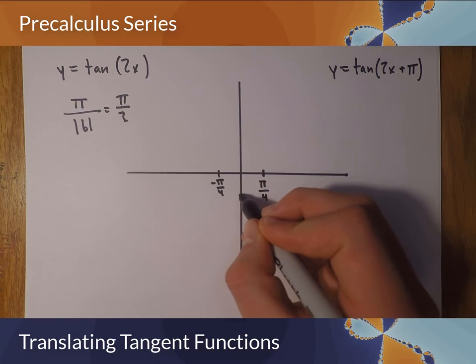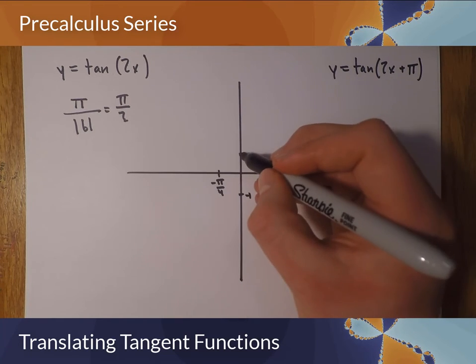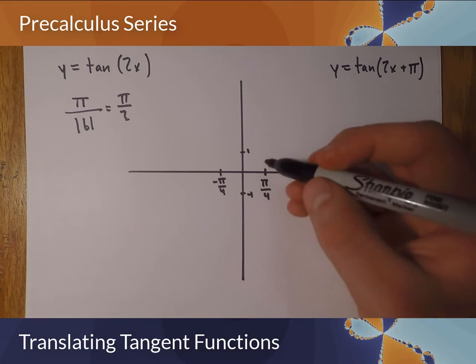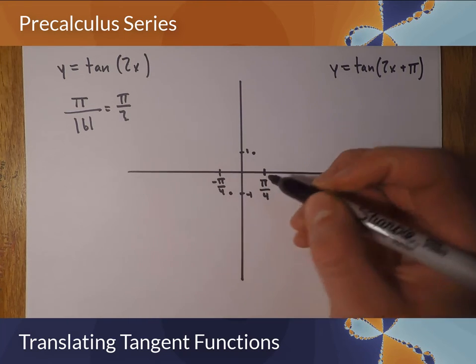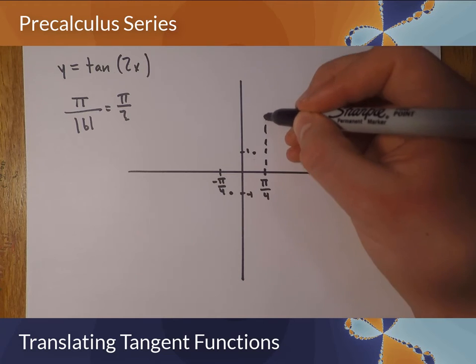I'm just going to label the y-axis while I'm at it. And so now we know we have 2 vertical asymptotes here.